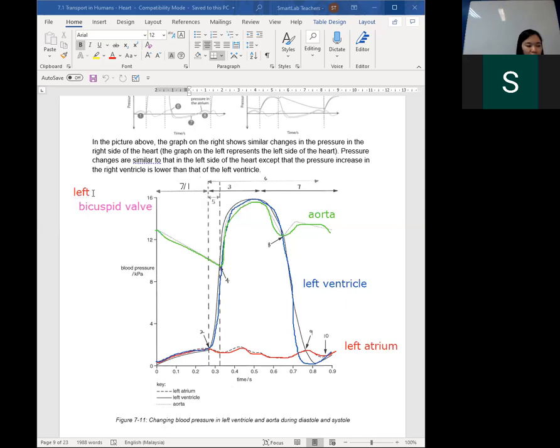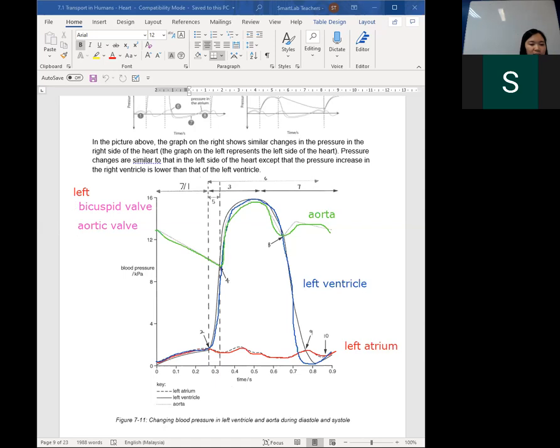This is found in between the left atrium and left ventricle. And then we'll be looking at the aortic valve as well, because that is the valve found in the aorta. Okay, so these are the two valves that we'll be looking at because we are looking at the left side.